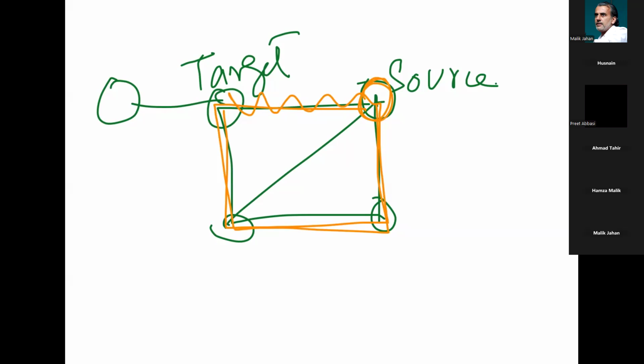Okay, let's move ahead a bit. So two vertices are called adjacent vertices if they're immediate neighbors of each other, if there is an edge between them, right?